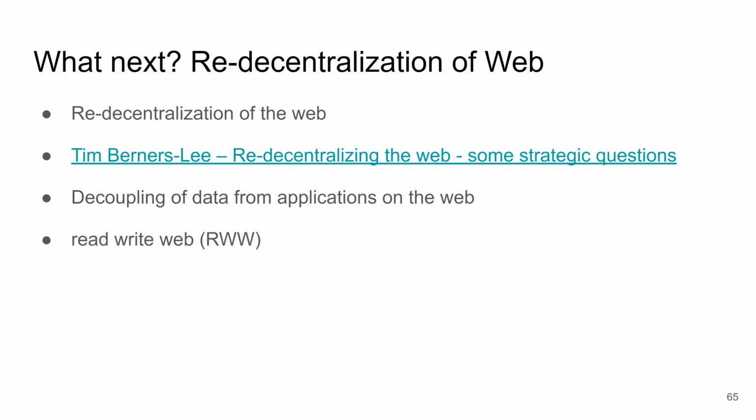However, Tim Berners-Lee is already thinking about the next thing, and that is the re-decentralization of the web. You see, the problem is that the majority of interactions with the web are with a few giant companies like Facebook or Twitter or Instagram and so on.